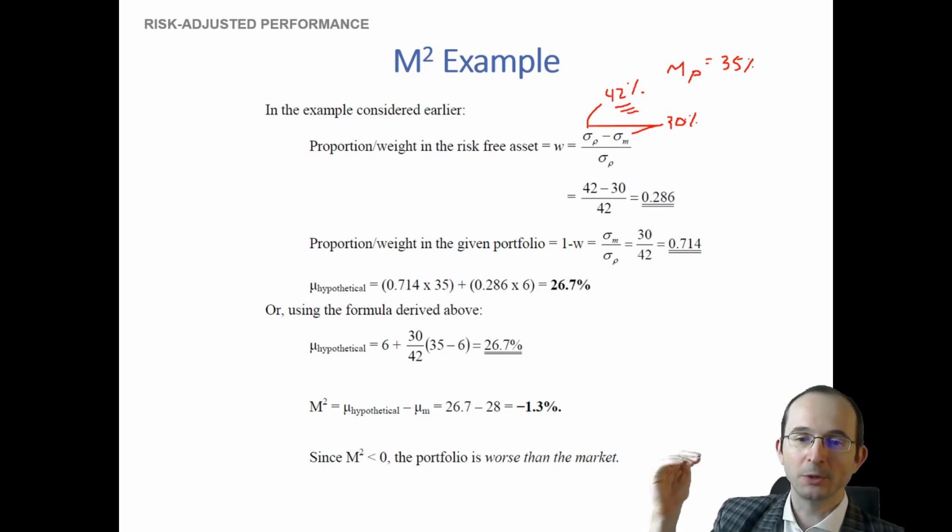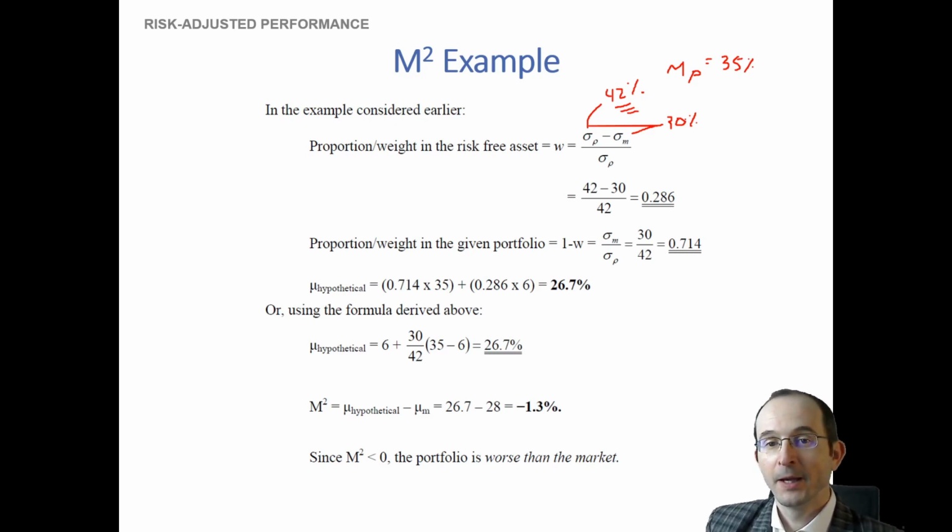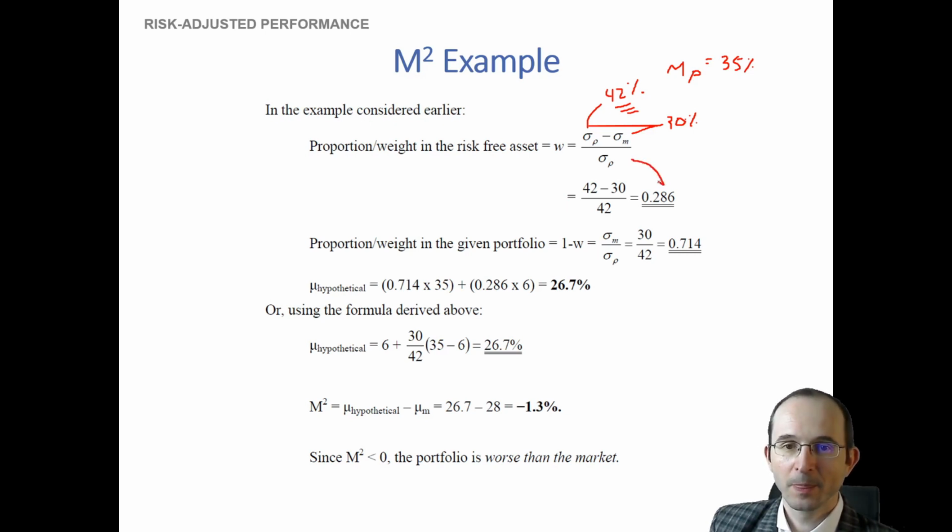So we need to dilute our risk down using an allocation to the risk-free asset. How much should we allocate? Well, we'll just follow our formula for the weight derived on the prior slides, and if we plug those numbers in, we need to allocate about 28.6% to the risk-free asset, and the remaining 71.4% would go into our candidate portfolio.